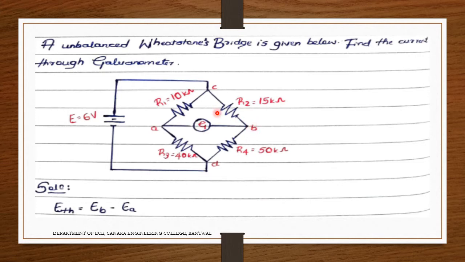In the first loop, EB means we have to consider this direction, this source, starting from here, and EB will be this part. EB is this node, whereas EA is this node.